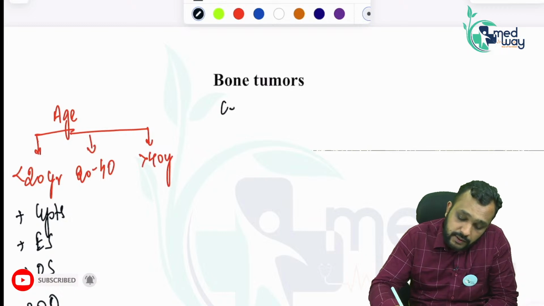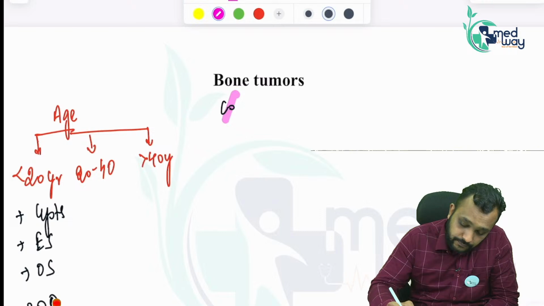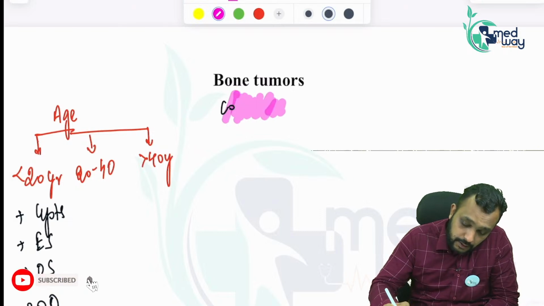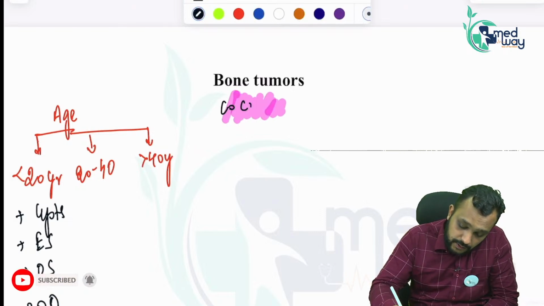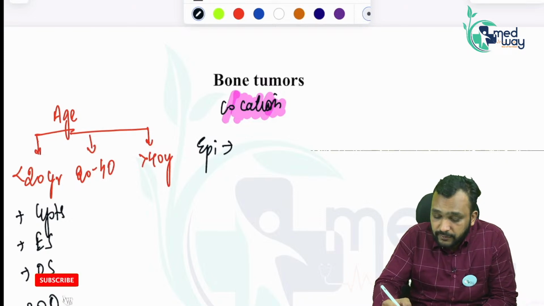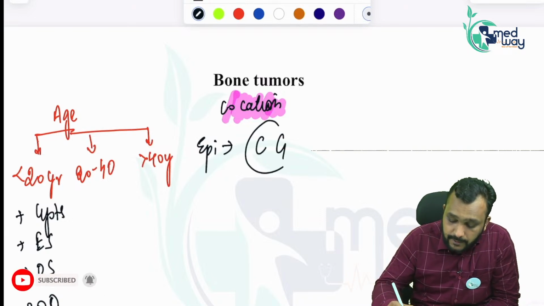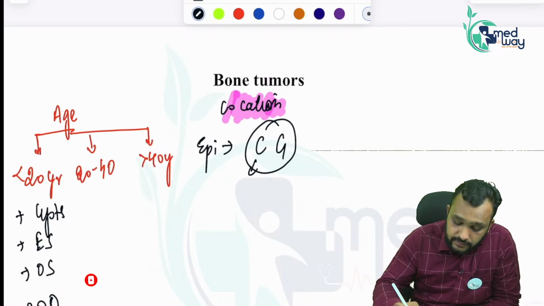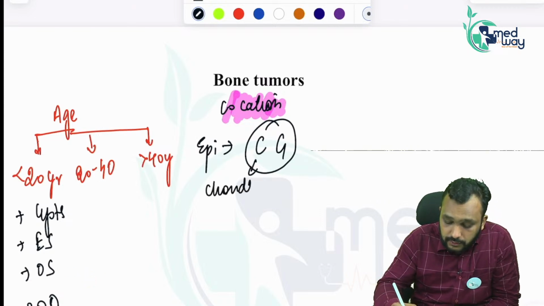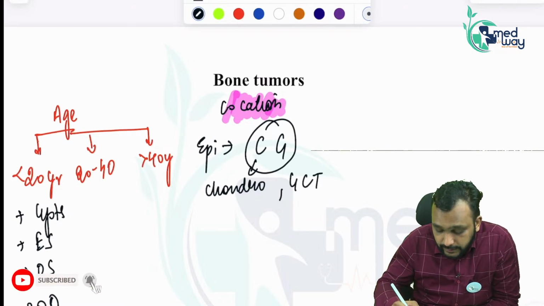Then based on location, you should know there are tumors which are common in the epiphyseal location. The tumors common in the epiphyseal location include your E, C and G, where C and G stand for chondroblastoma and giant cell tumor, right?